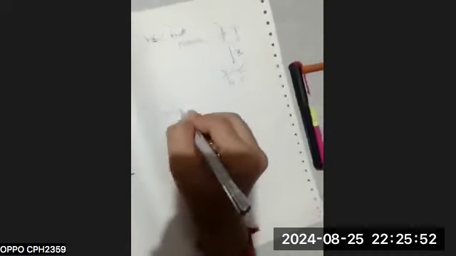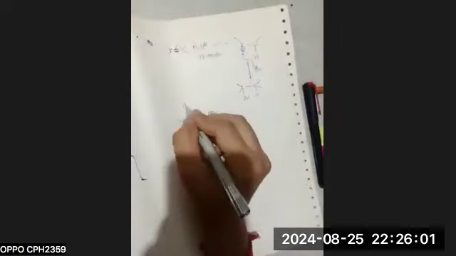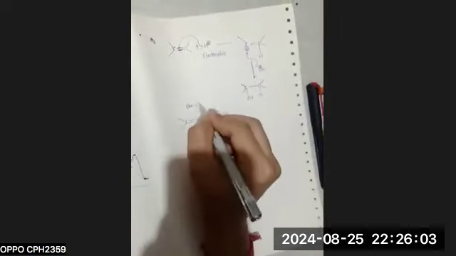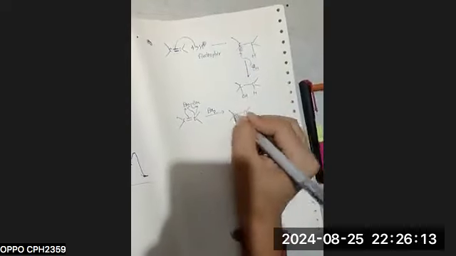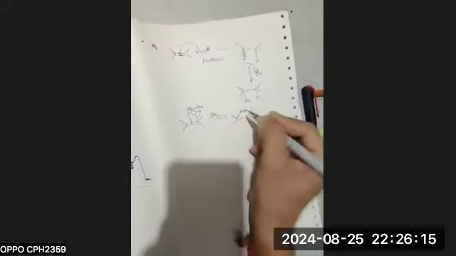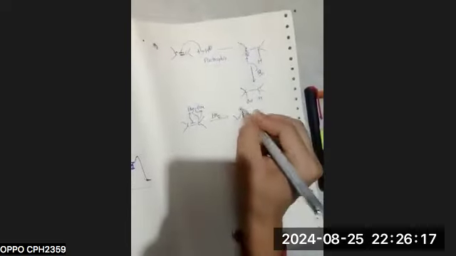Okay, suppose I am taking another example. Suppose I am taking alkene and a bromine molecule. Bromine is like that only, Br single bond Br. So the pi electron of the alkene can attack the bromine molecule, and one bromine will be released and this one will form.